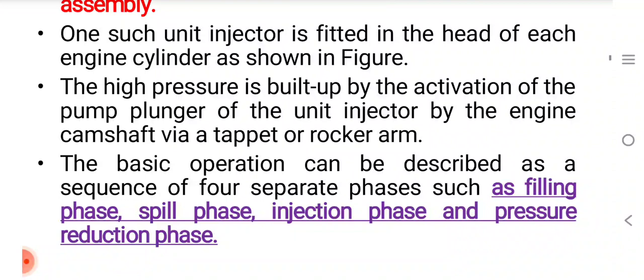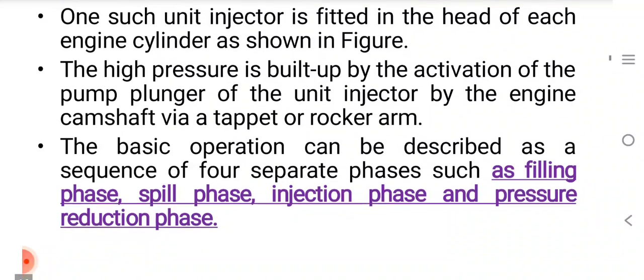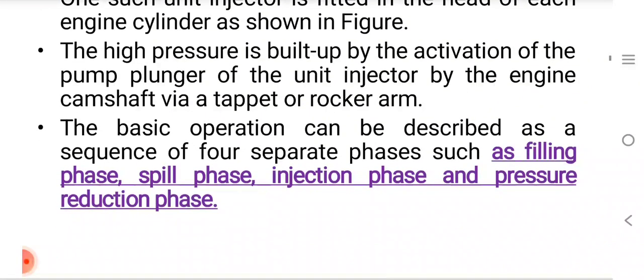One such unit injector is fitted in the head of each engine cylinder, as shown in the figure. The high pressure is built up by the activation of the pump plunger of the unit injector by the engine camshaft. The basic operation can be described as a sequence of four separate phases: a filling phase, spill phase, injection phase and a pressure reduction phase.